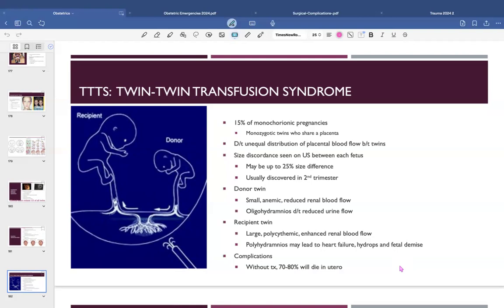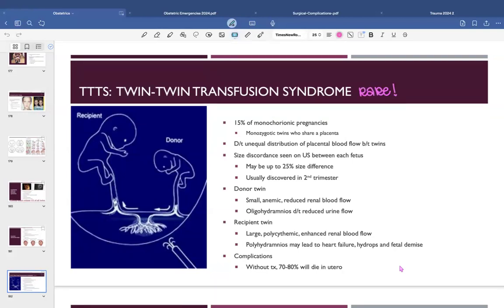It is due to an unequal flow of blood between the twins. One twin is called the donor, which you'll see in the picture, and the other twin is called the recipient. It can lead to problems for both babies. There is a size discordance on the ultrasound, up to a 25% size difference.